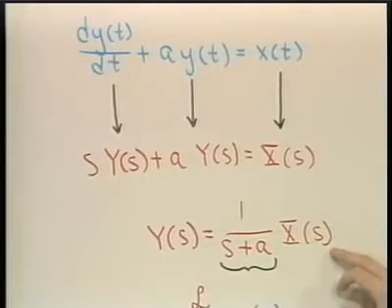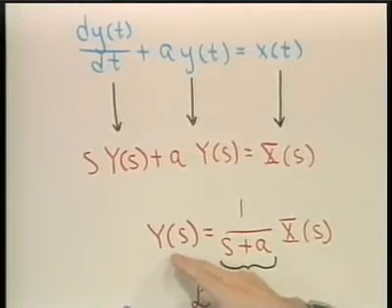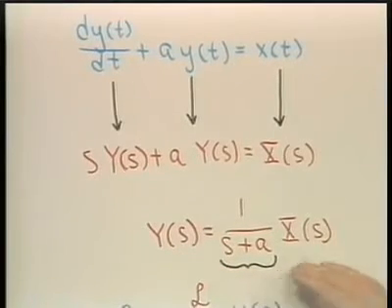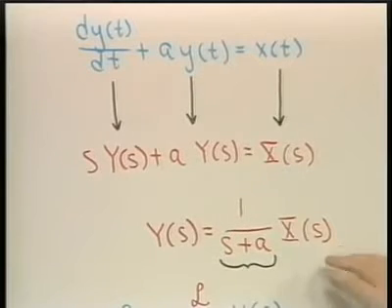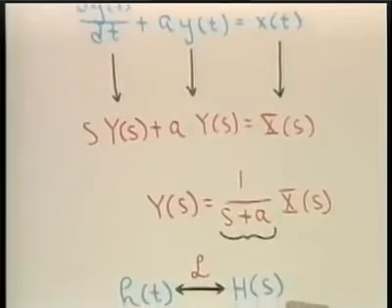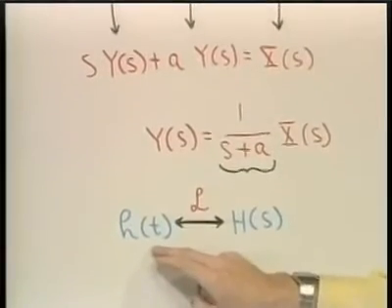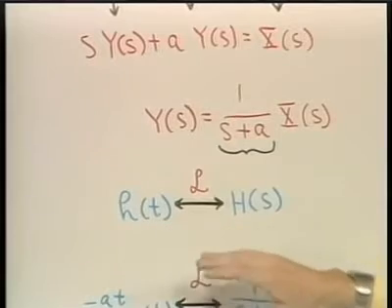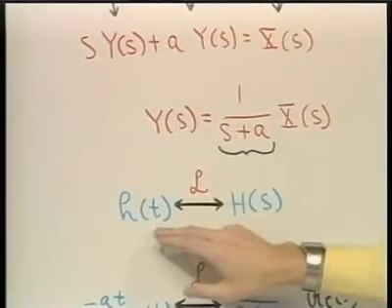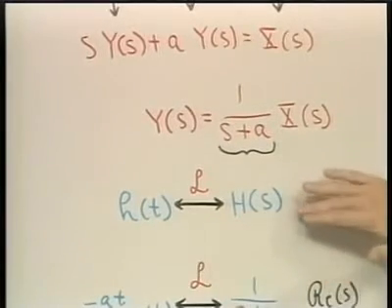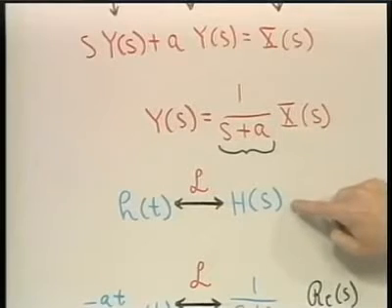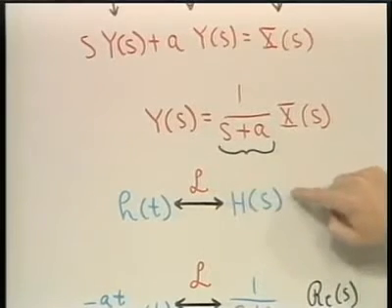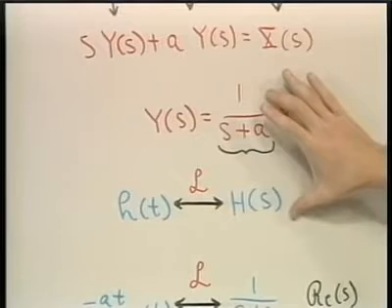We know from the convolution property that, in fact, this Laplace transform is the system function times X of s. And so 1 over s plus a is the system function, or equivalently the Laplace transform of the impulse response. So we can determine the impulse response by taking the inverse Laplace transform of H of s given by 1 over s plus a.